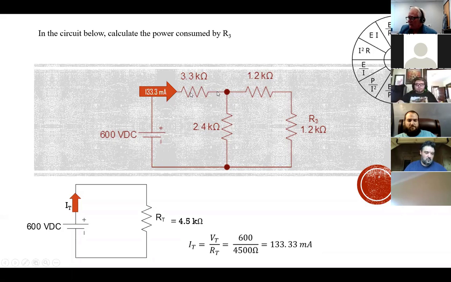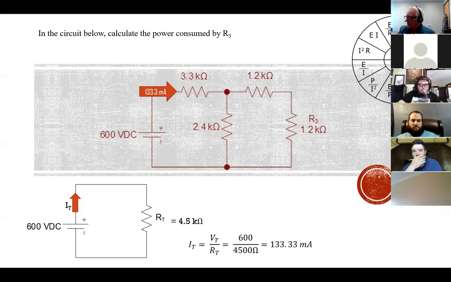Now, all of it gets through, but what happens now at this junction? It splits proportionally. It doesn't all go the path of least resistance. It doesn't divide equally unless the branches are equal, but the rule is it divides inversely proportionally so that the most will go to the smallest branch.